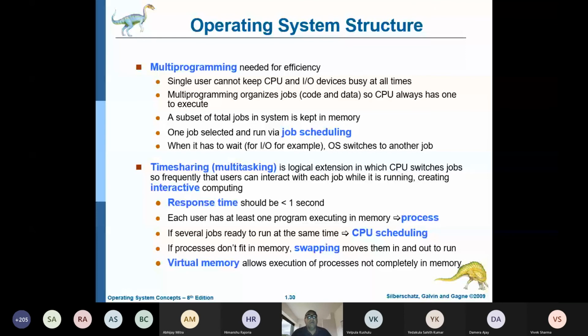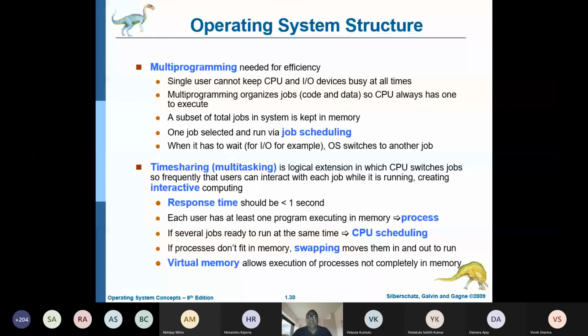Okay, so what I mean to say is that in the case of multi-programming, there are two ways. One is the earlier way of multi-programming, where the programs are non-interactive. In that case, CPU scheduling is not that sensitive.